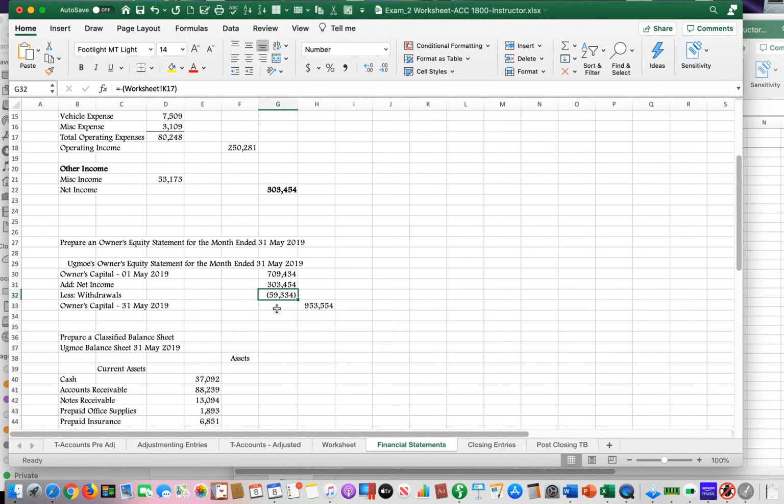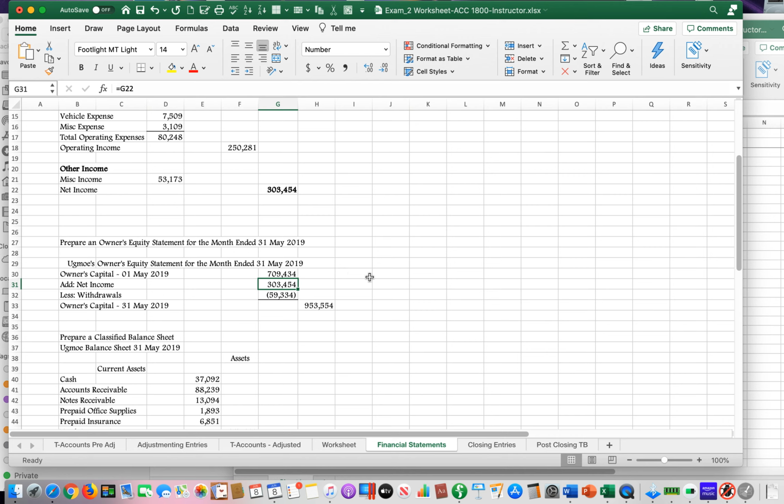And then we come up with a new balance. Don't forget you subtract the withdrawals. And withdrawals do not belong in the income statement. Let me say that again. Withdrawals do not belong on the income statement. They belong on the owner's equity statement as a subtraction. Now, if we had incurred a net loss, we would subtract it from the capital.